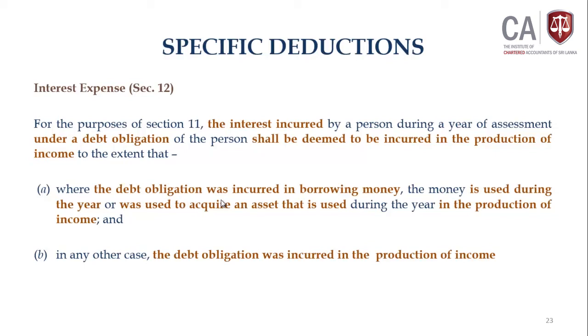One thing is very clear, section 12 allows you to claim the interest for business purposes only, nothing else. Under A, you must be able to show an asset which was bought using a borrowing. B, you must also show the borrowing is used for business purposes. Then only that interest cost you can claim for tax purposes. Okay.